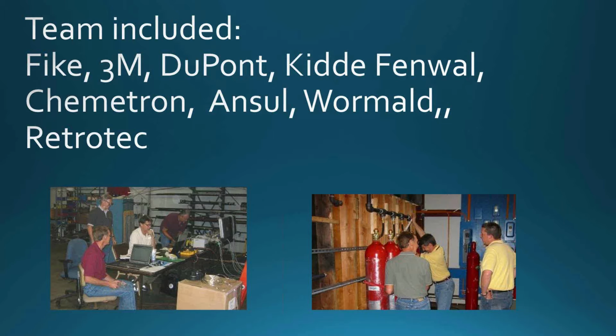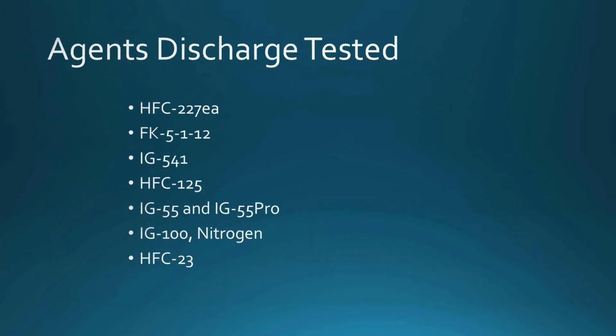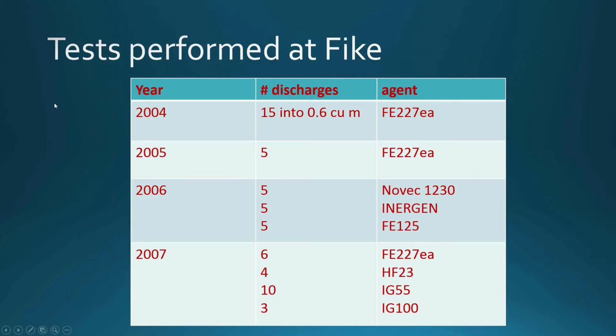And we discovered that the peak pressure formulas that were in use at the time were not consistent with our experimental results. These are the different agents that we discharged. These are the different years and the different tests that we did, 2004, 2005, 2006, 2007.